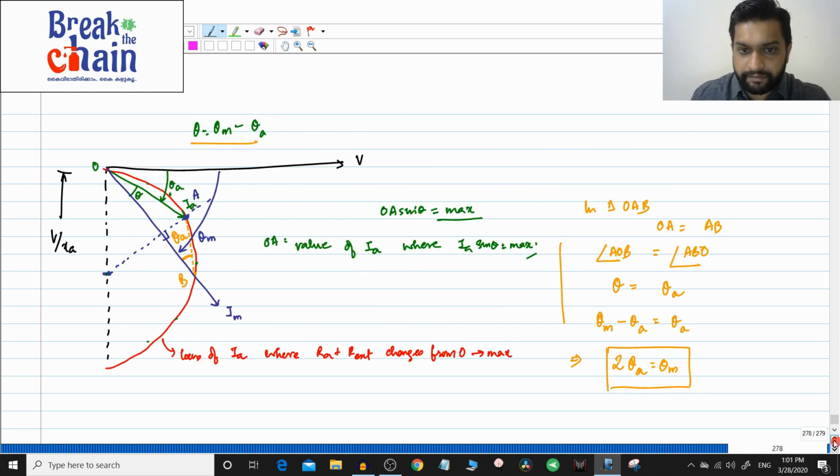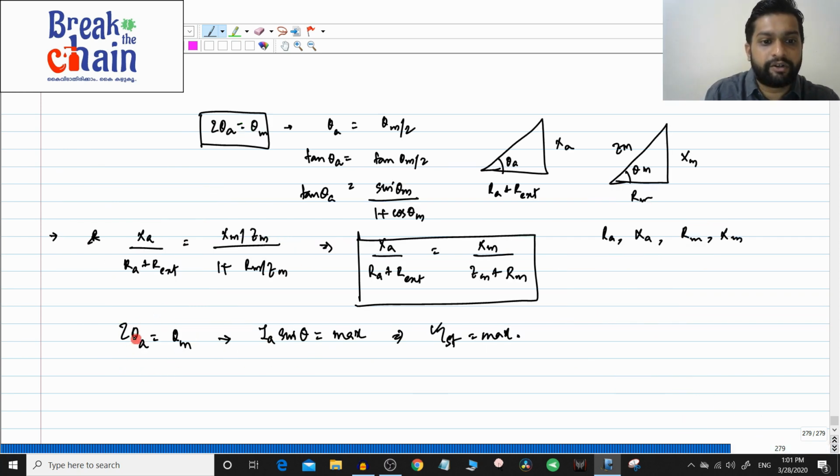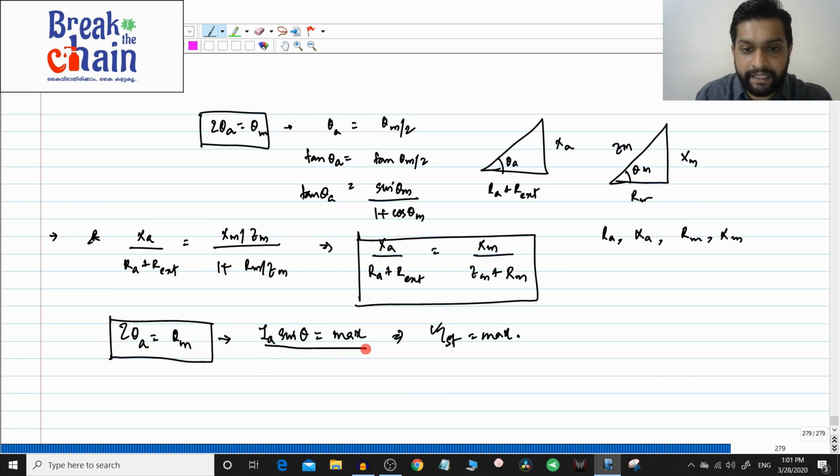For that we did this small derivation here, and we found out that when Ia sin theta is maximum, 2 theta A is equal to theta M. So, when Ia sin theta is maximum, starting torque is maximum, and at that condition 2 theta A is equal to theta M. With this particular relation, you can easily find the external resistance that you have to add to get maximum torque.